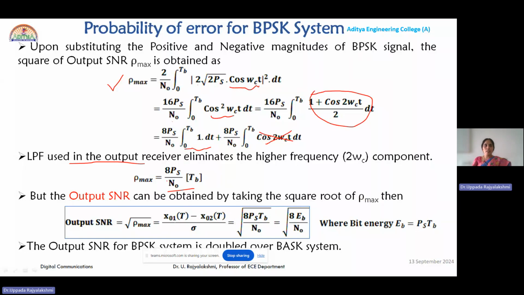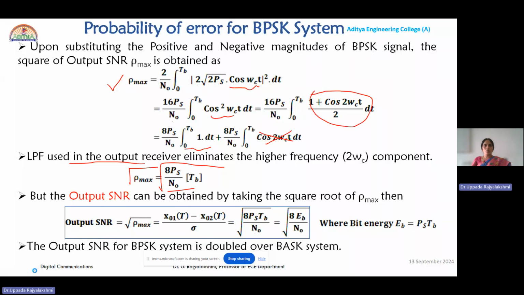So just apply the root of rho max. This is nothing but our output SNR. So we have taken root 8 Eb by N naught as output SNR. And if you see this, the output SNR for the BPSK system is almost double that of BASK, because for BASK you obtain almost half of that of BPSK.